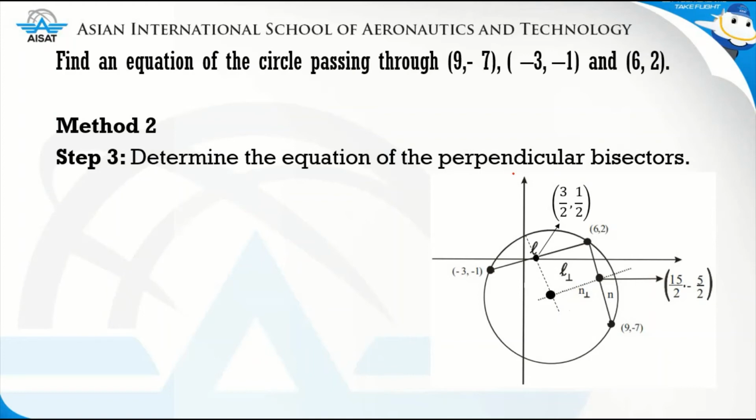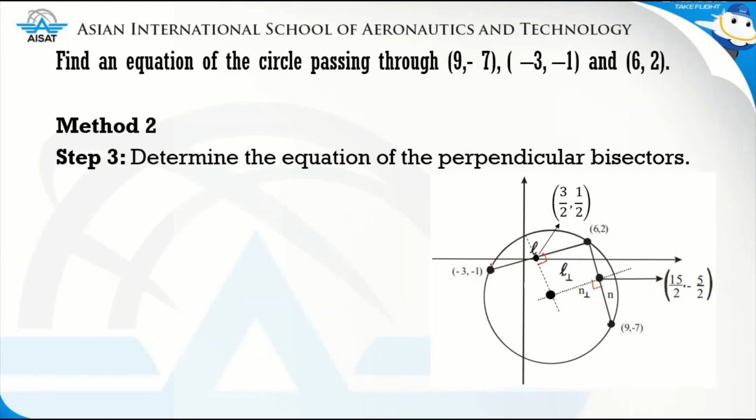Perpendicular bisectors, by definition, are lines that divide a line into two equal segments. These perpendicular bisectors create a 90-degree angle with respect to the chords.